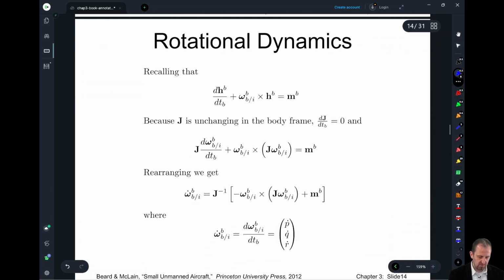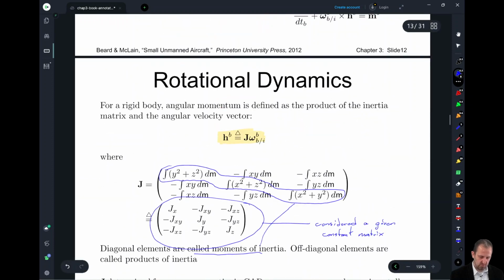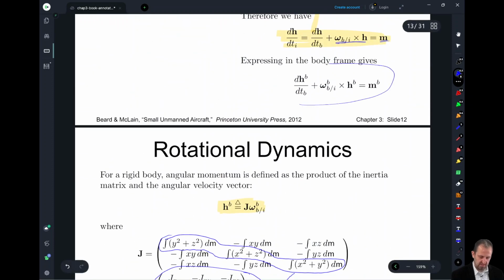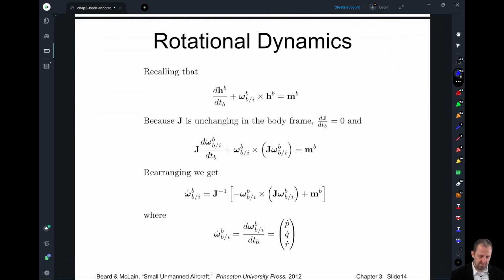Okay, as we look at the rotational dynamics, we're going to come back to this equation here. All we're doing is restating that equation. Now we're going to start plugging things in.